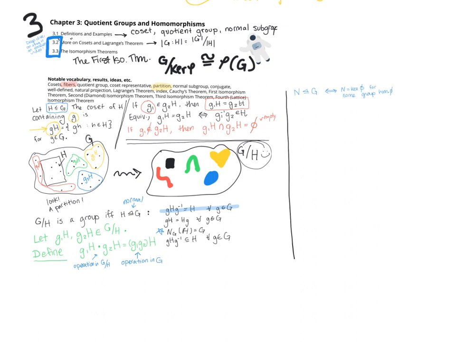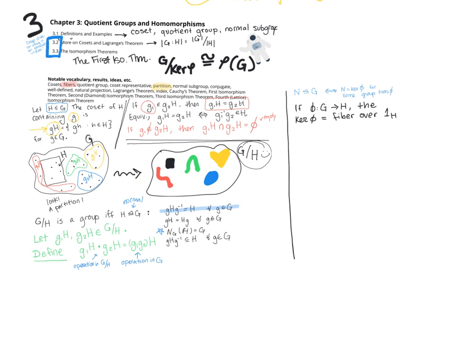Fiber is just a weird mathy way to say all of the elements that get sent to this specified output. We can then set up all of our cosets as fibers over the different elements in our target space. Now, we didn't use that framing in class. I don't expect you to use that framing here. It's just a passing thing to be aware of.